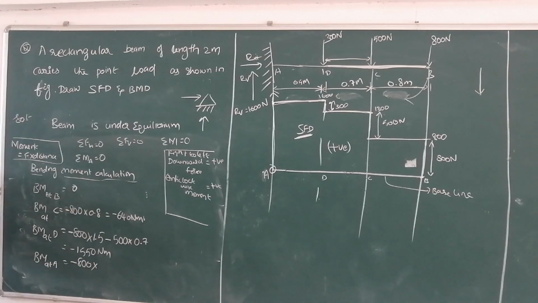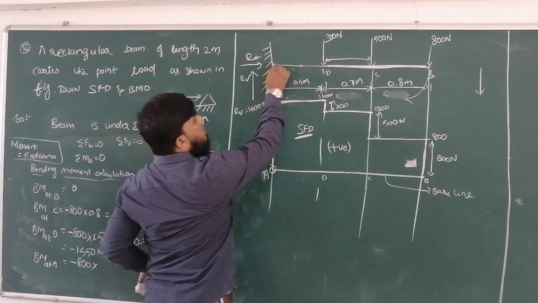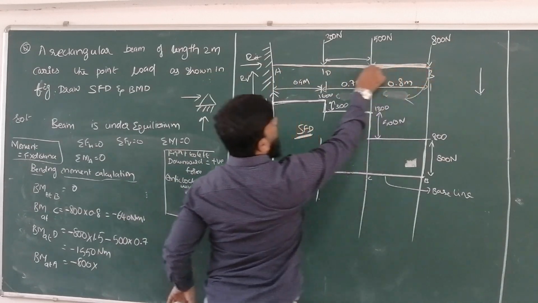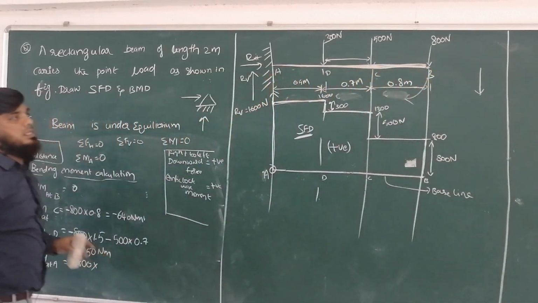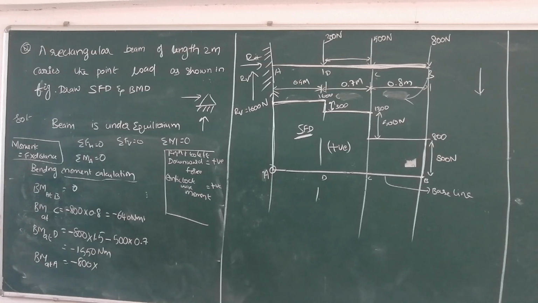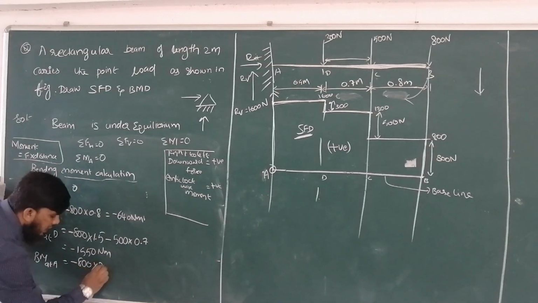800 into, now the distance should be taken from the 800 load to point A. For the 800 load to point A, you have to consider the whole distance. So what is the whole distance? 0.8 plus 0.7 is 1.5. 1.5 plus 0.5 is 2 meters.